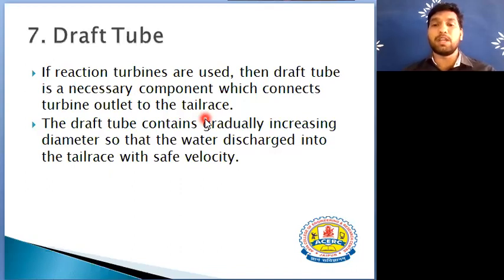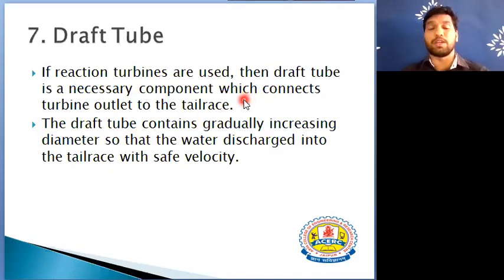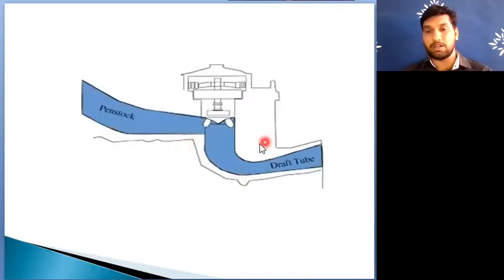The draft tube increases the pressure to atmospheric pressure, since the water in the tail race is at atmospheric pressure. So the draft tube is used and it is provided with an increasing diameter, as we will see in the diagram.